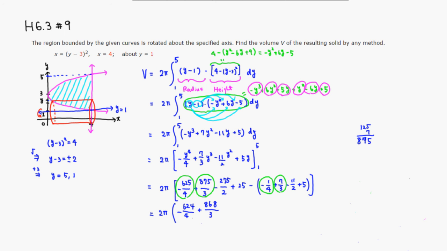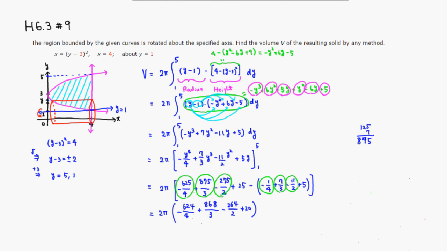Then we have another one, negative 275 over 2 and minus 11, so it's going to be minus 264 over 2. And then you have 25 minus 5, so it's a plus 20 there. Almost there.